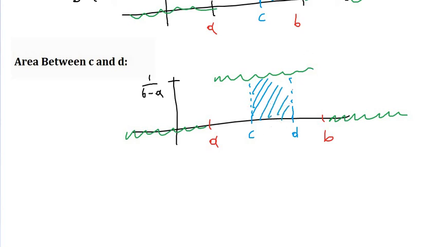So that's the area under this rectangle. So the probability that x is between c and d is the area of that blue rectangle, which is d minus c, times the height, which is 1 over b minus a.